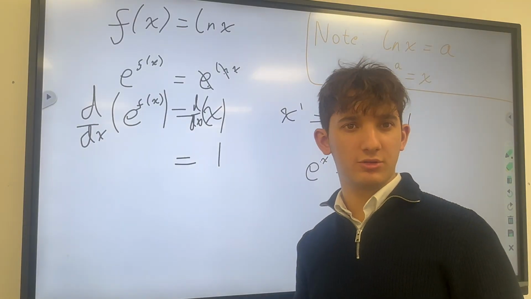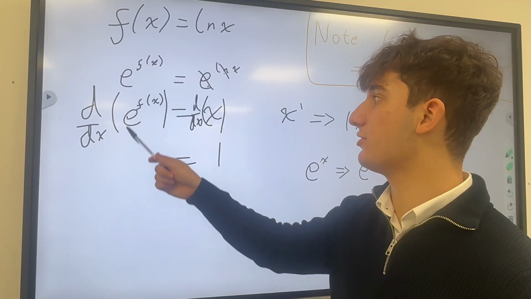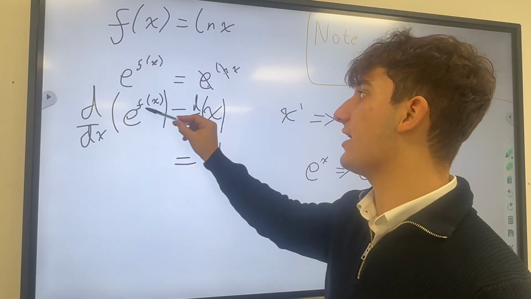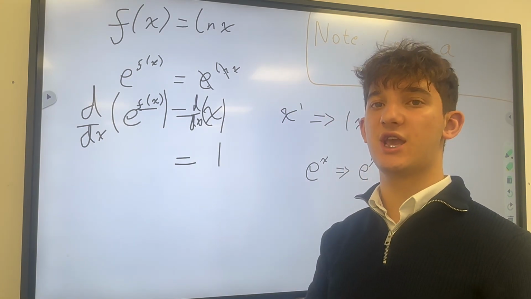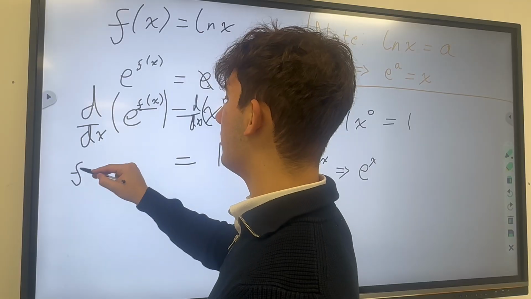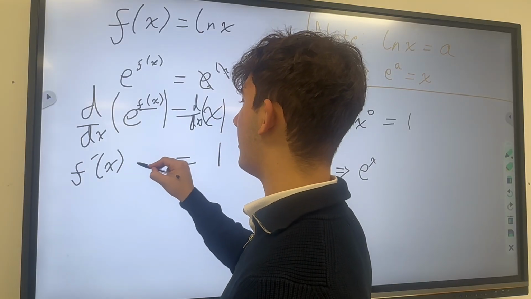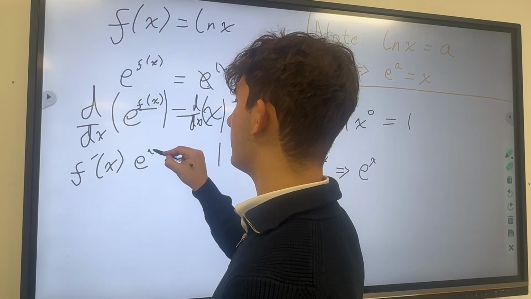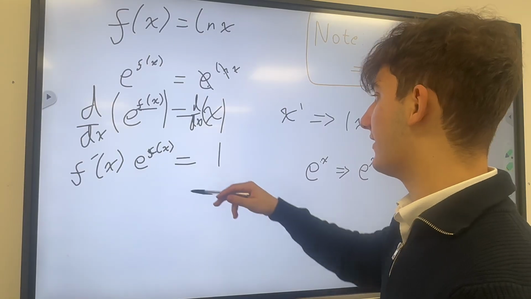I won't go into depth too much why this works, but all you have to do is, because it's f of x, not x, you just take the derivative of this as well and bring it down. We'll go over that more. It's called the chain rule, okay? And there will be a video on it. So we bring down the derivative of this, which is f prime of x, and we times it by e to the f of x, like that. And that's the derivative, and that equals 1.